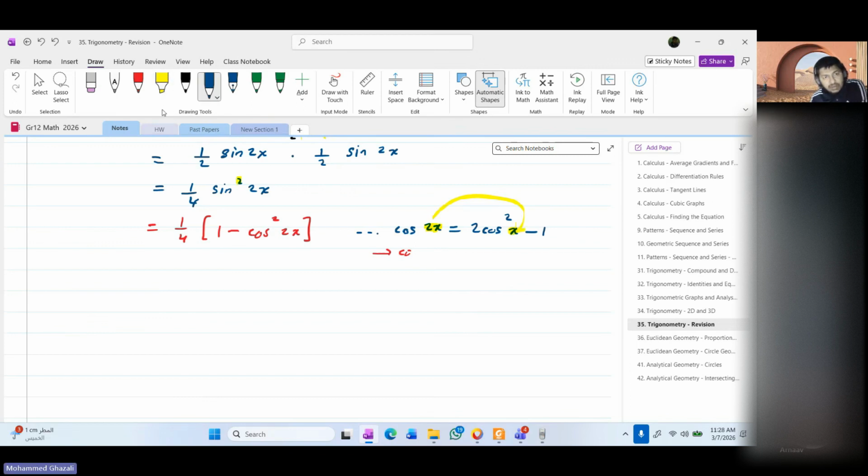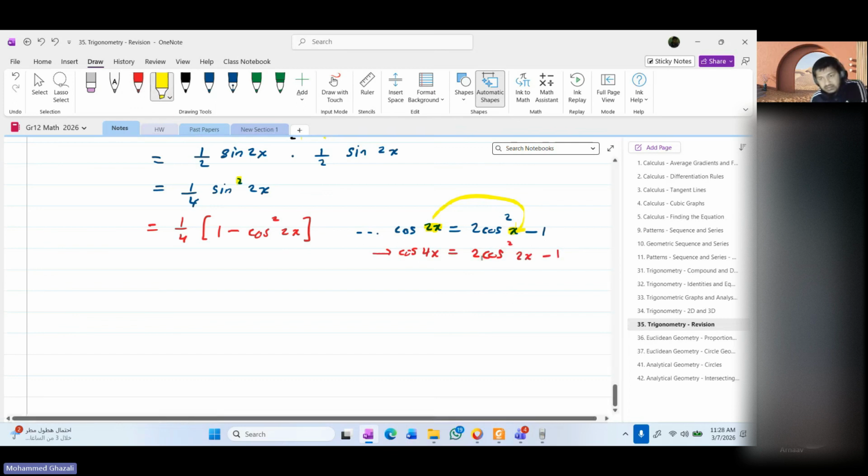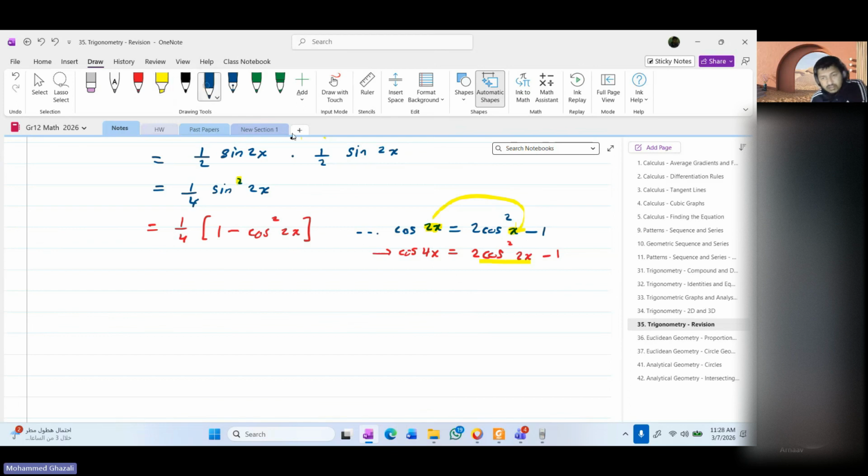So cos 4x will be 2 cos squared 2x minus 1. Now you are solving for cos squared 2x. That will be cos 4x, bring the 1 over, and then divided by 2. That is cos squared 2x. Now we can substitute this inside here, and then we'll get the answer. Minus cos 4x plus 1 divided by 2.